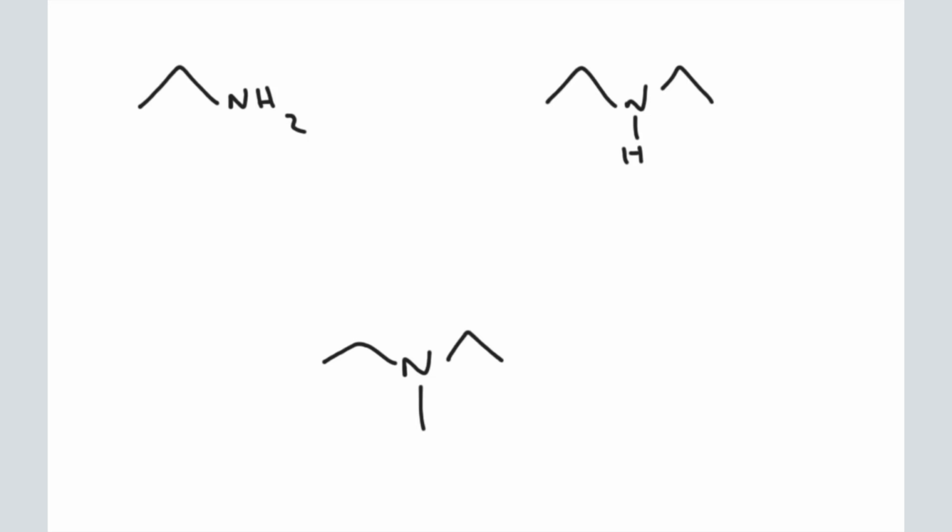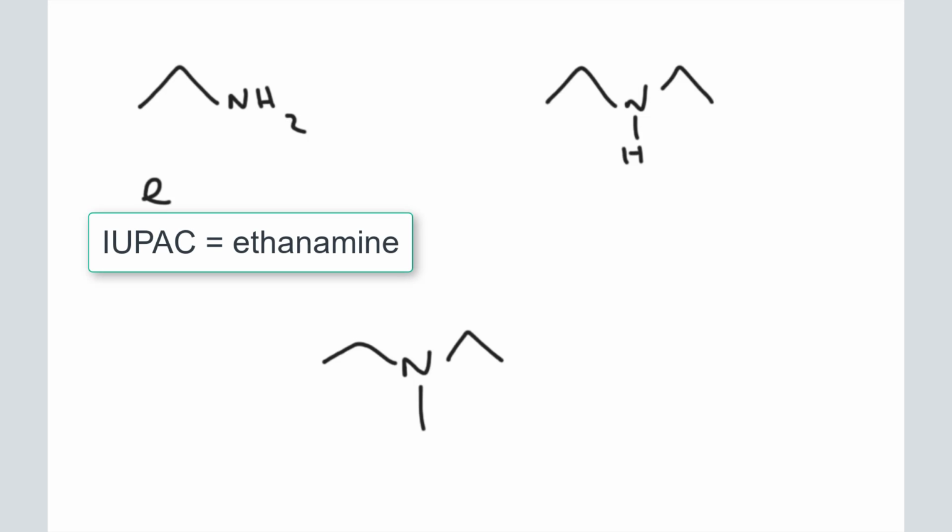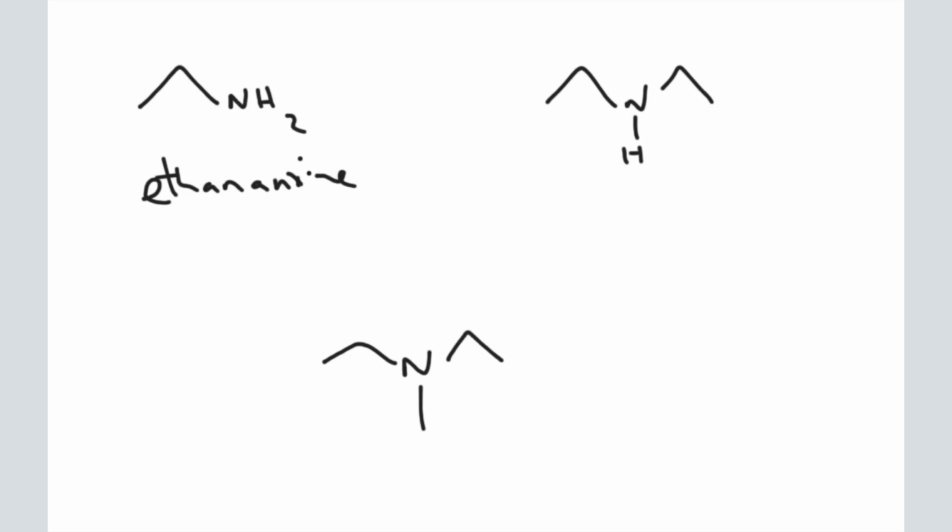So let's try naming the following molecules. We have a primary amine on this side, so we can call this simply an ethylamine. Sorry, I was about to call it a propyl. So we can call this ethanamine, or ethylamine. If we move on to the second one, this is an ethanamine as well.